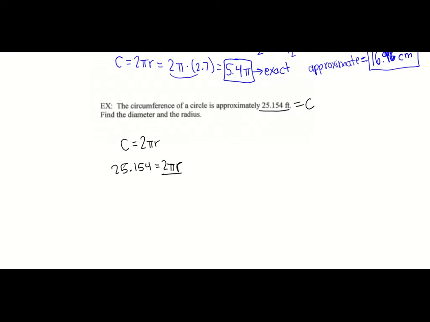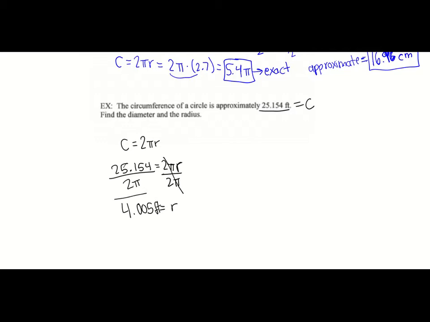So if I divide both sides by 2 pi, my 2 pi's go to 1 over here. 2 pi over 2 pi is 1. And I'm given r equals, and then I can type this into my calculator. 25.154 divided by 2 pi gives me 4.005 feet.